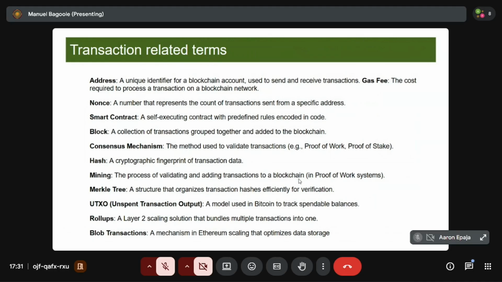Calling it self-executing is not very accurate. Within smart contract compatible blockchains, there's an execution environment where pieces of code, encoded instructions, are executed. Things like transferring funds across accounts or running custom logic in smart contracts are possible.